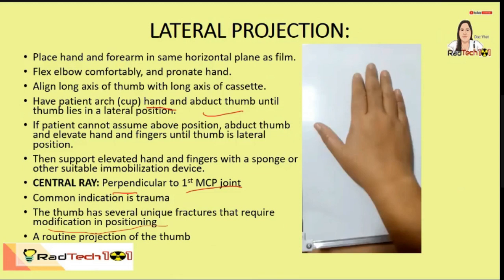Kapag naka-prone ang ating hand, as you can see dyan sa short clip, ito. So, ito ha, naka-prone ang ating hand. So, yung ating fingers, second to fifth, naka-prone din. Ito yung ating thumb, naka-oblique.